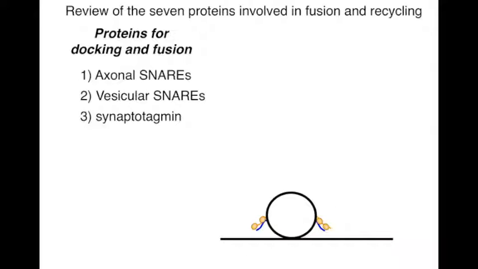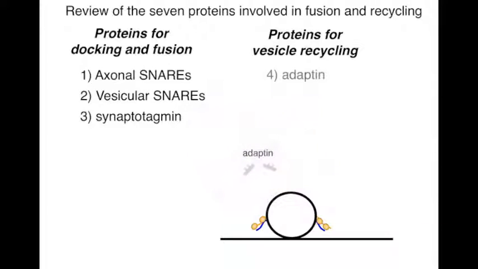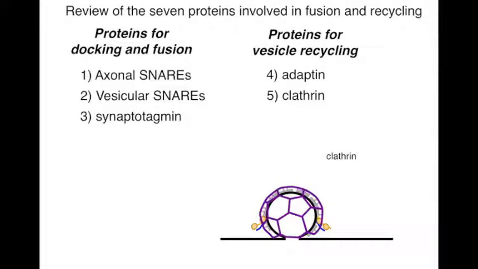The next 3 proteins, that is the 4th, 5th, and 6th, are critical for vesicle recycling. The 4th are the adaptins that form a primer on the membrane upon which the 5th protein, clathrin, binds. Clathrin then accretes onto the adaptin primer to form a spherical cage around the budding reformed vesicle.